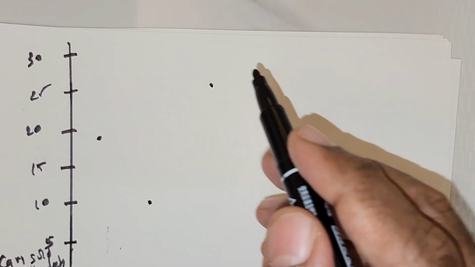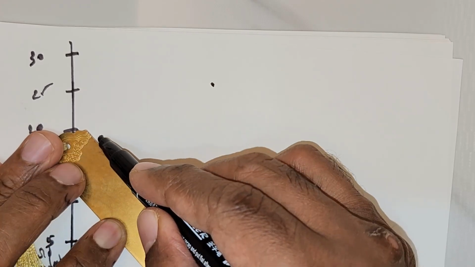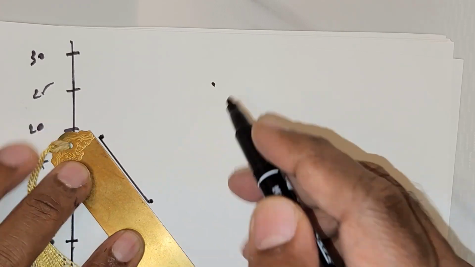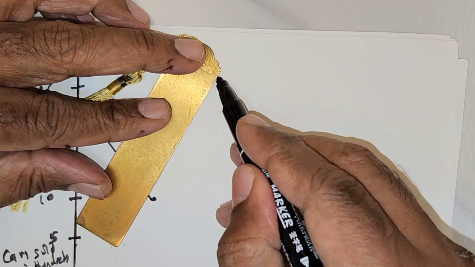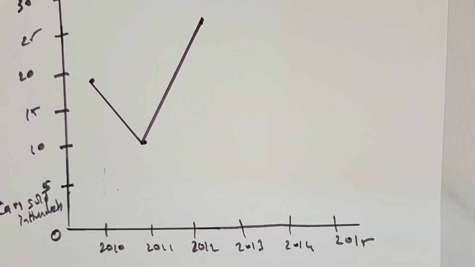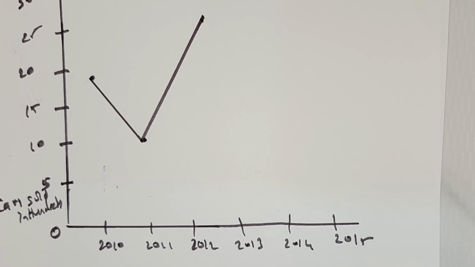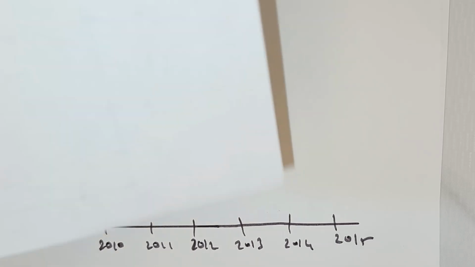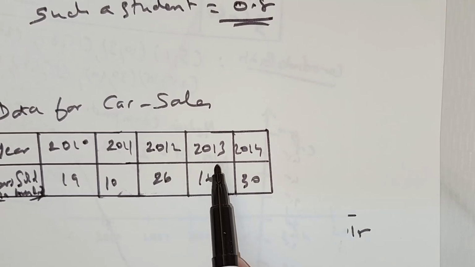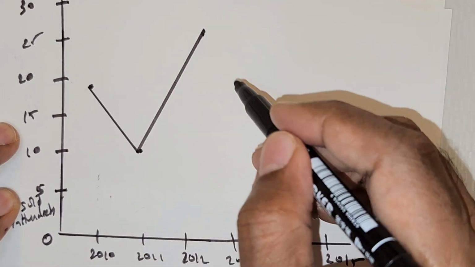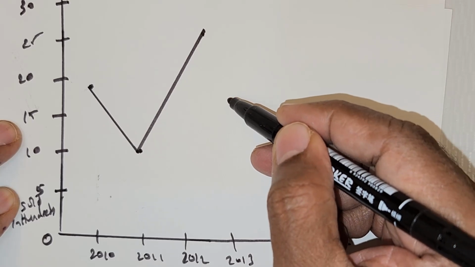Slightly above. Now you are given this part of this graph. This is what you are given, and you are asked to complete it. So what you have to do is go to the data and check it out. 2013, 16 cars.